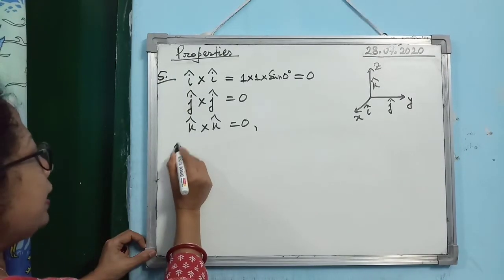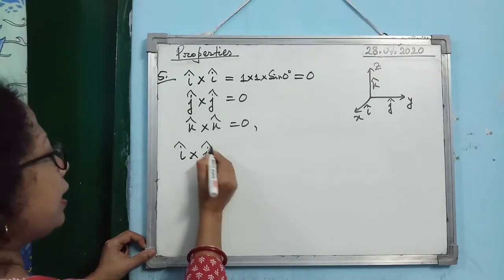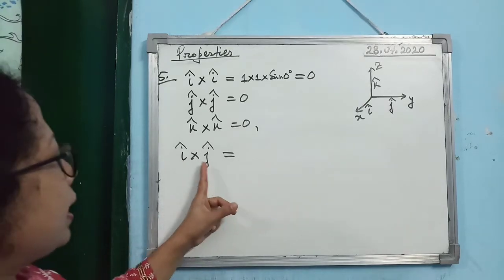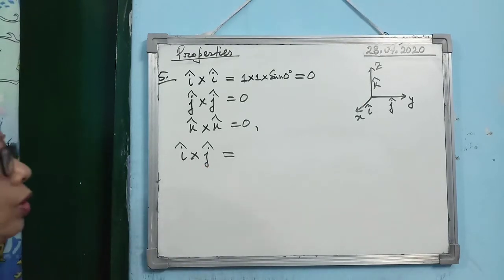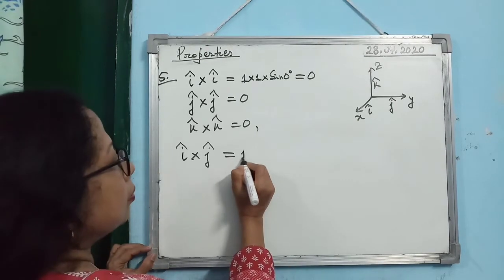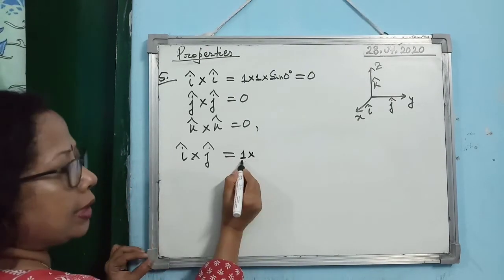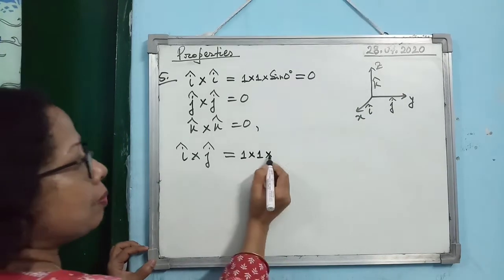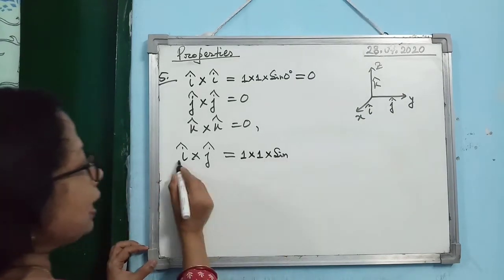Now if I take i cross j, then try to understand it. It is very interesting. When you are taking i cross j, what will be the magnitude? Magnitude of the first vector 1 multiplied by magnitude of the second vector 1 multiplied by sine of the angle between them.